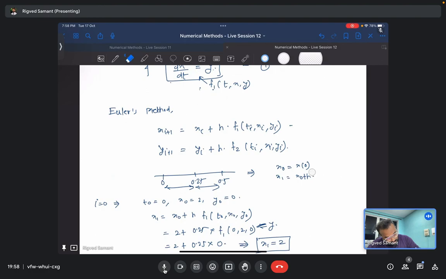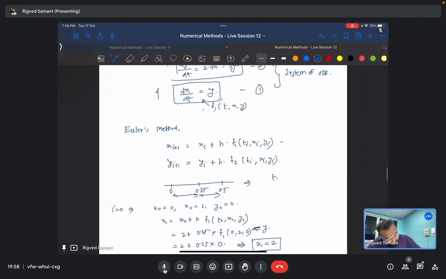Better way: t1 is t0 plus h, that is 0.25, therefore x of 0.25 is x1, and t2 is t1 plus h, that is 0.5, therefore x2 is equal to x of 0.5. So we have to find x of 0.5.